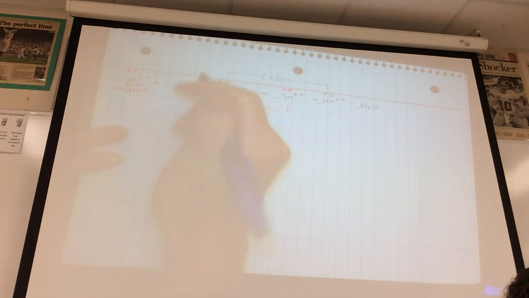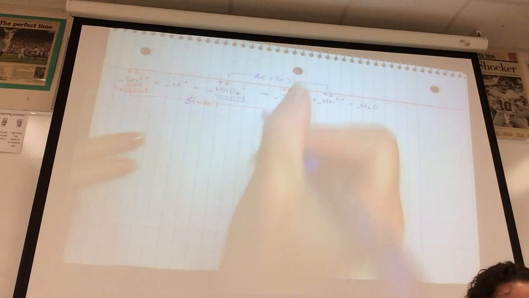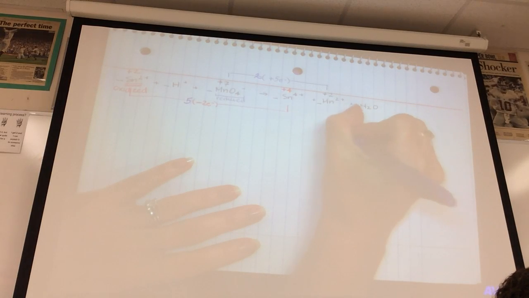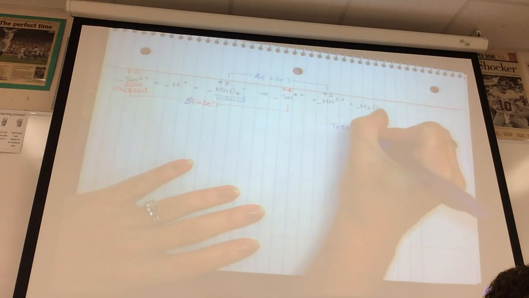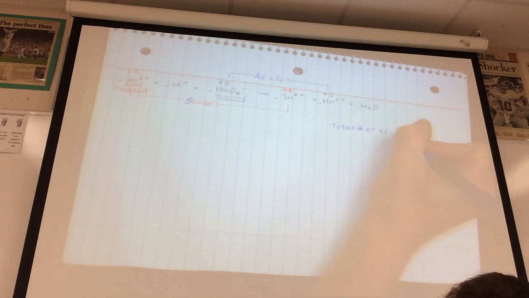All right, so we're going to multiply this by 5, and we're going to multiply this by 2, so that we set them both at 10. The total number of electrons transferred is 10.